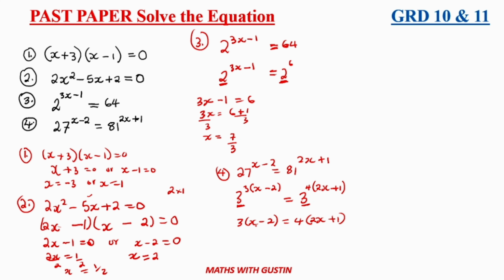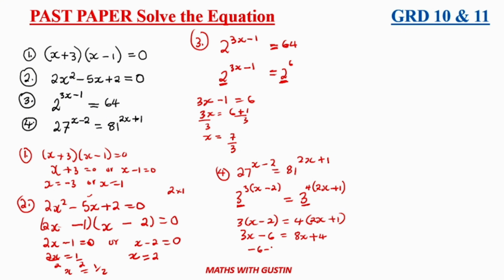All right, so we just need to remove the brackets here. 3 times x is going to be 3x. 3 times negative 2 is going to be negative 6 is equals to 4 times 2x is going to be 8x. 4 times 1 is going to be plus 4. Okay, therefore what we can do now, we can take 6 to the other side, or the other way around, take 3x to that side and then 4 to this side. So what I'm going to do, I'm going to take 3x to the other side, 4 to this.